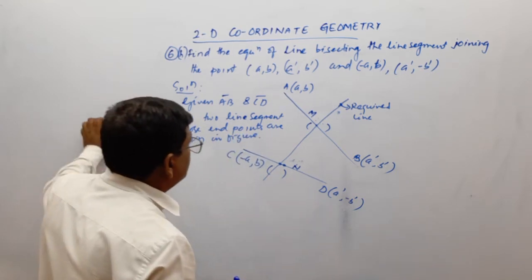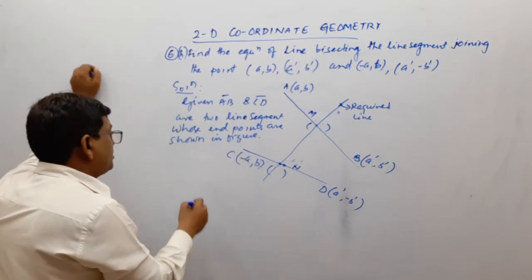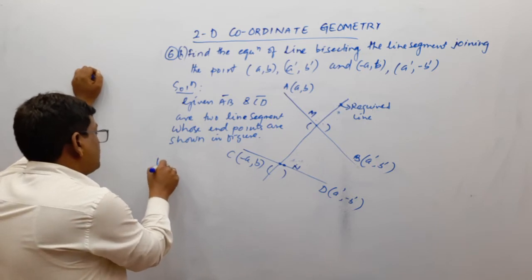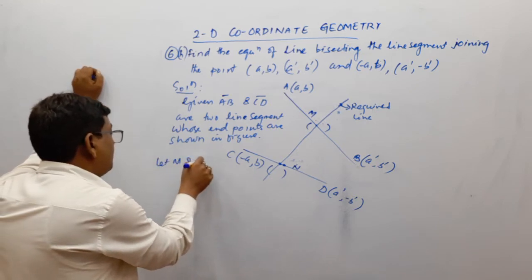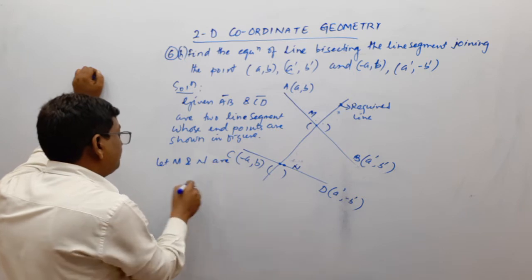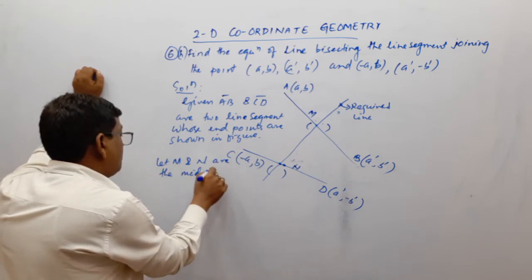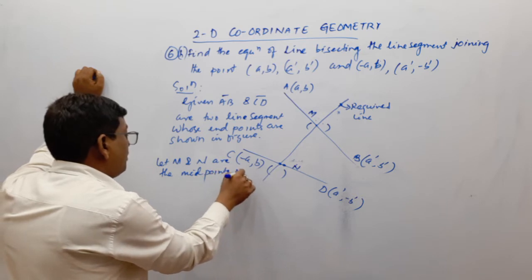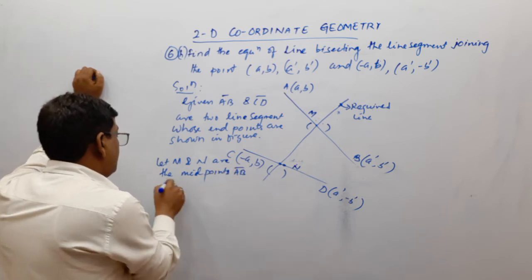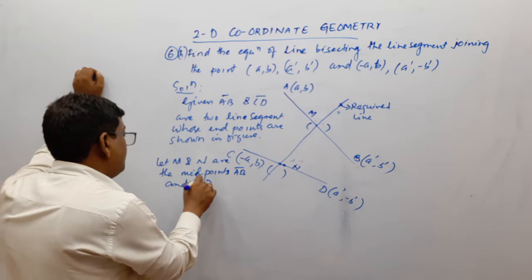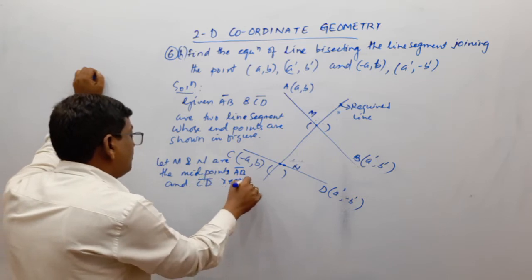Now let M and N be the midpoints of AB and CD respectively.